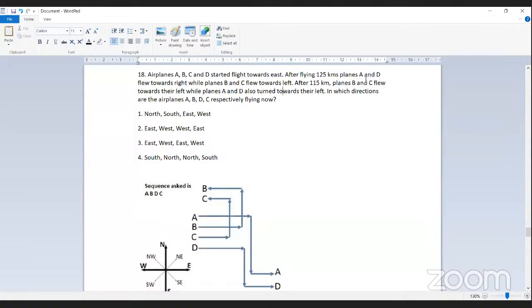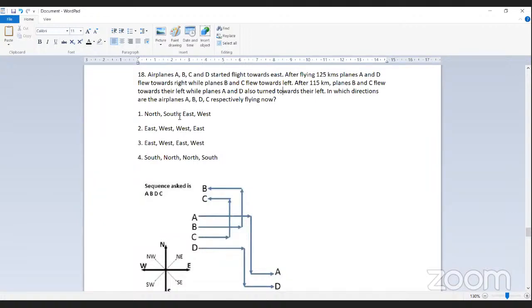AD fly towards right, and then BC fly towards left. After that, AD fly towards their left also. So they are flying in sets, A and D, B and C. If A and D are same, B and C are same, then the set will be repeated.